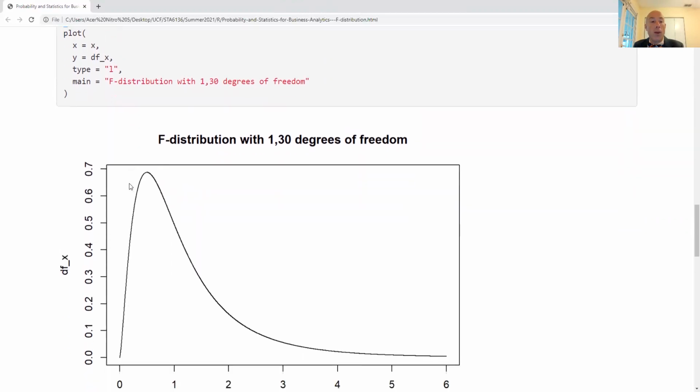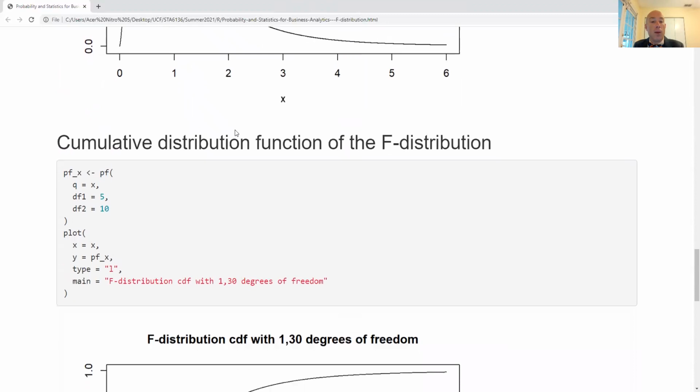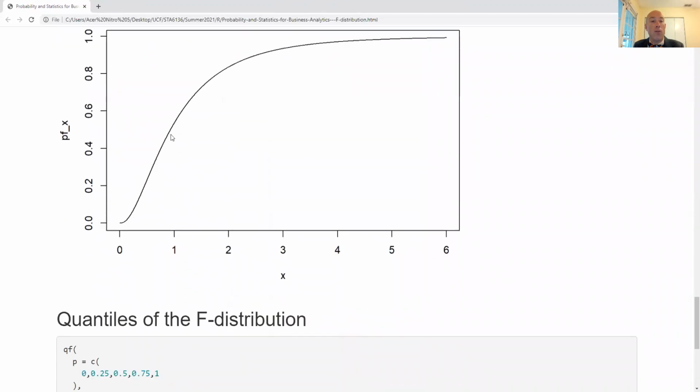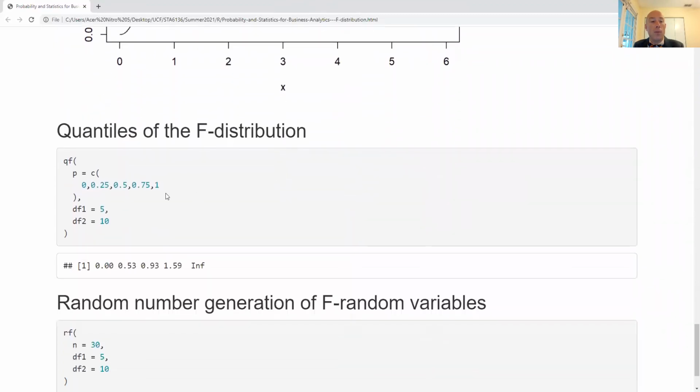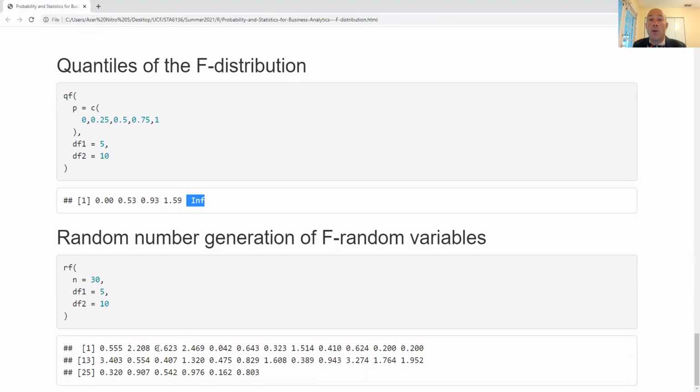And here is what it looks like when I have 5 and 10 degrees of freedom. Here is my cumulative distribution function. Here are the quantile values for the box plot quantiles. Notice that it starts at 0 and goes to infinity. And here is the random number generation.